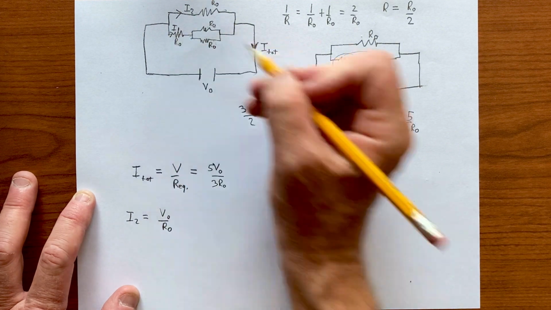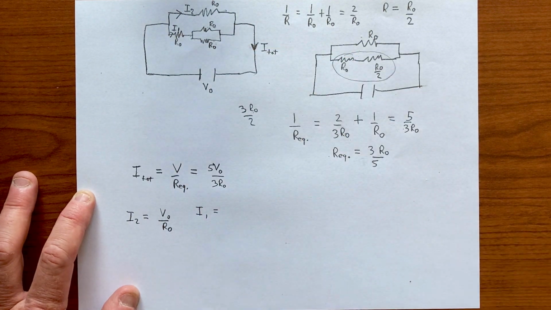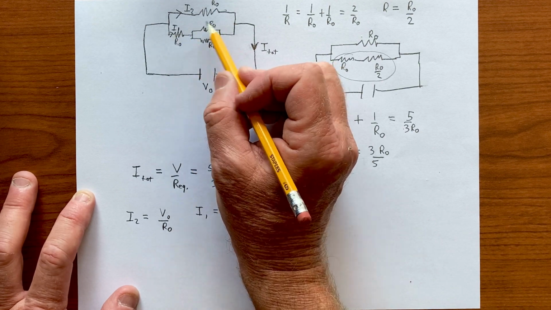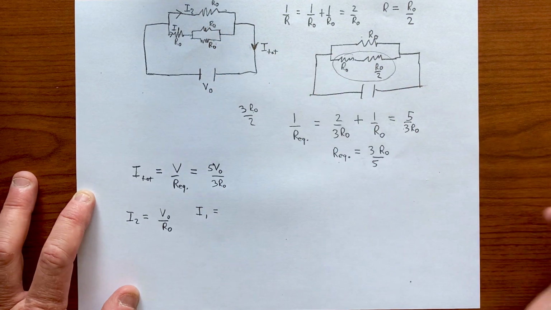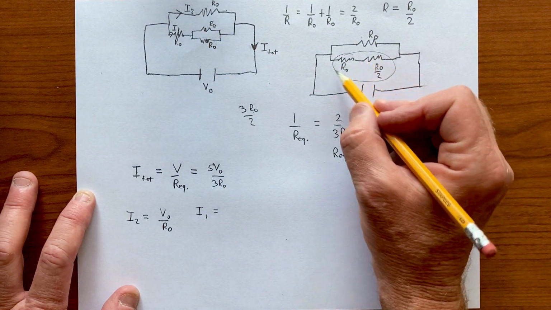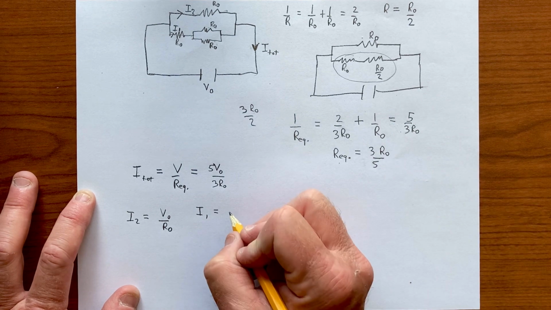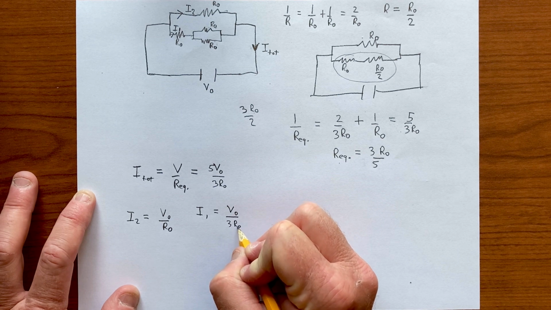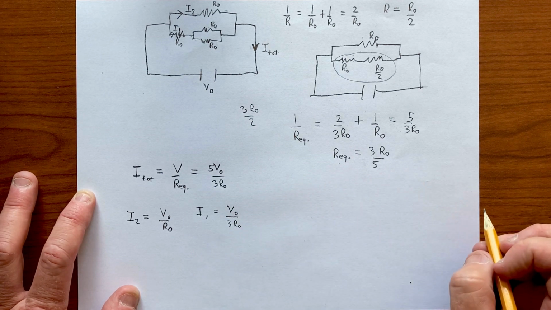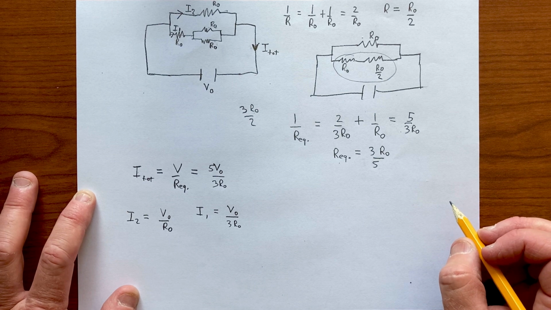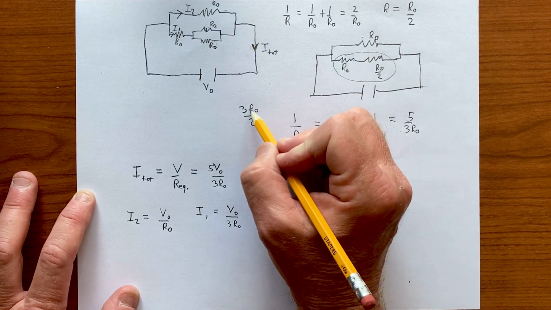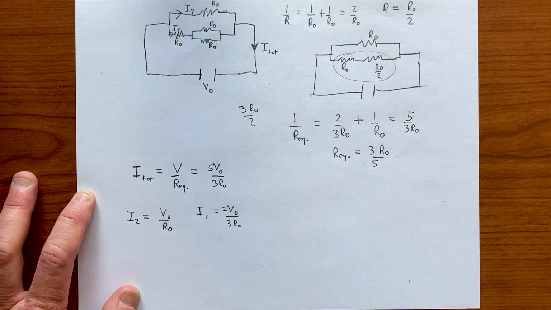And I1, the current going through here, would be, let's see, the voltage across here is V naught, and the resistance is this, 3R naught over 2, so we have V naught over 3R naught divided by 2.